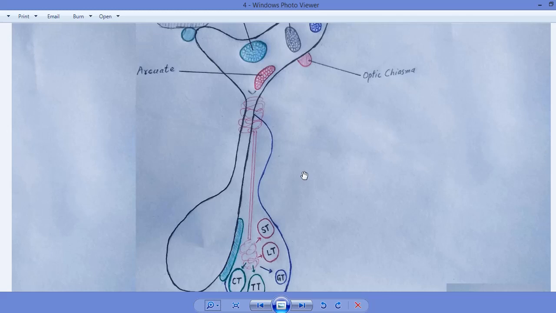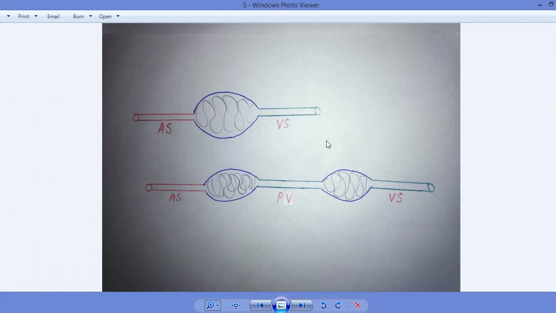Now, you should know about the portal system. I'm going to show you a diagram. If simple capillaries connect the arterial system with the venous system, this represents the normal circulatory system.